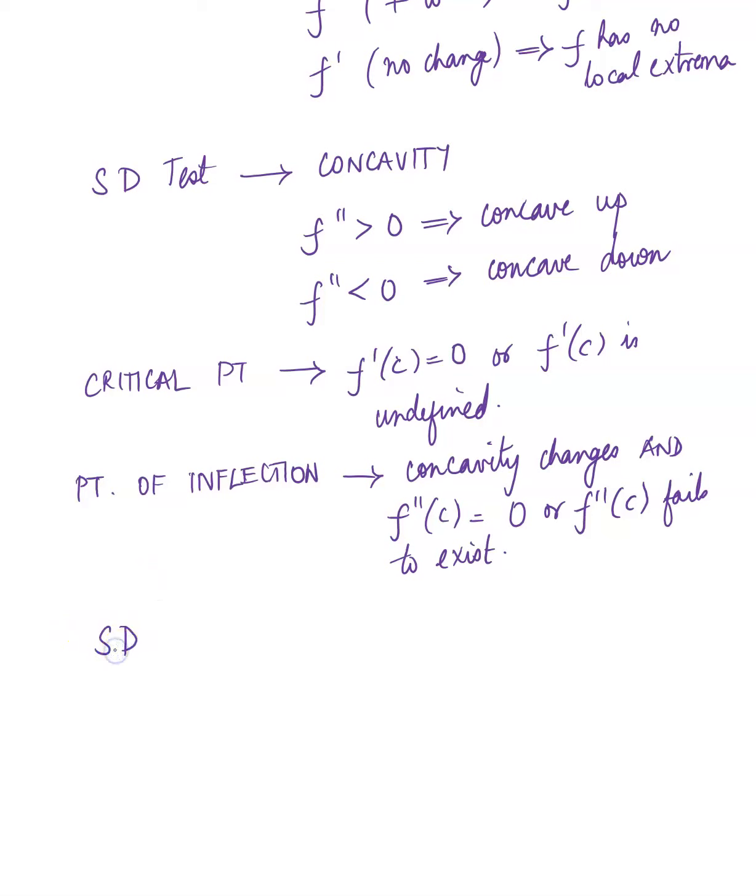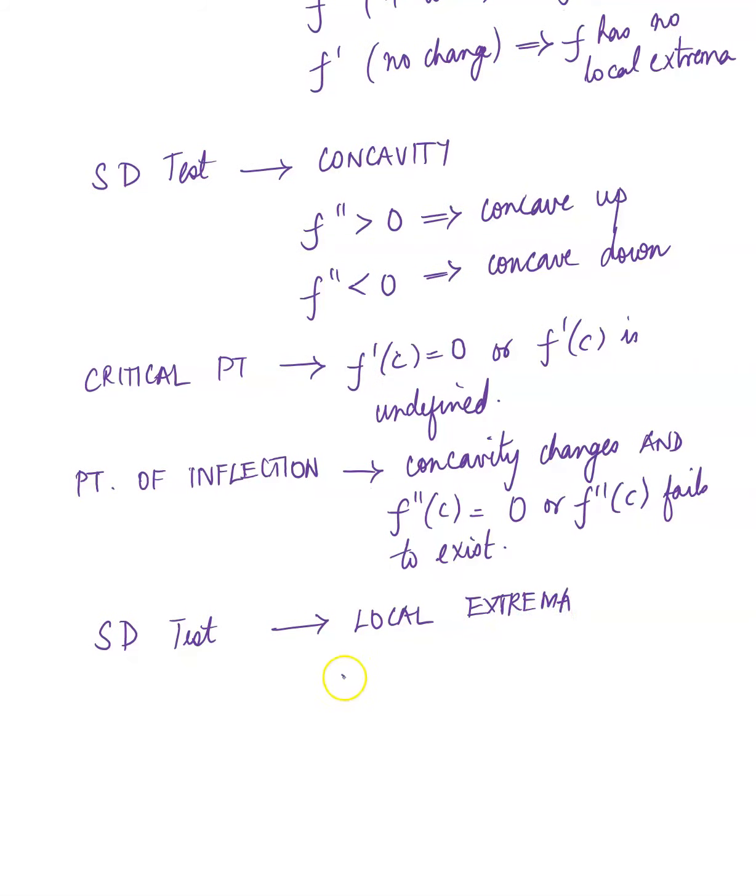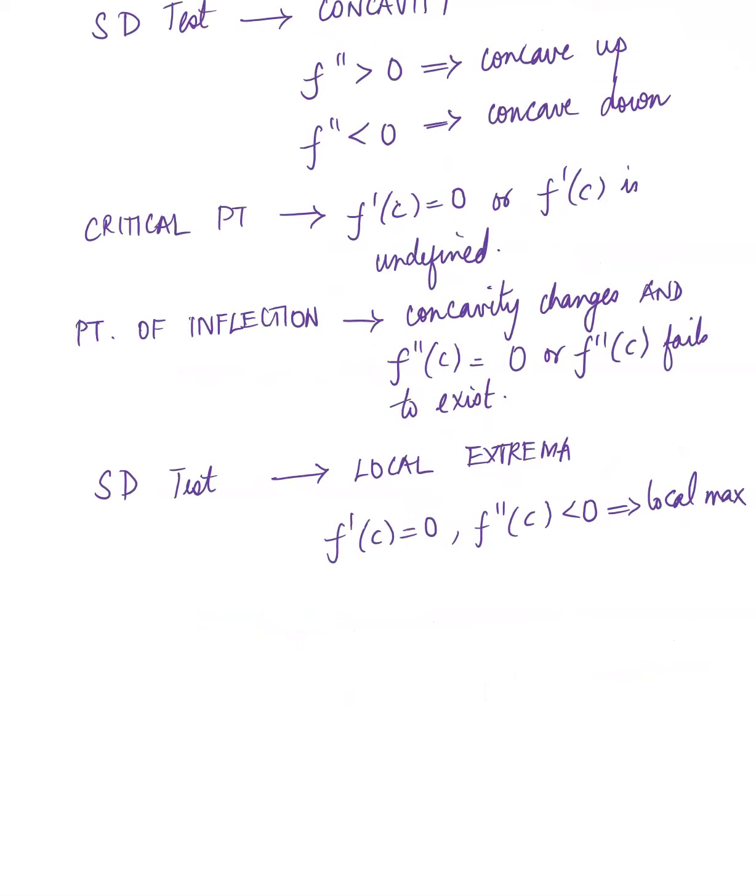Then we have the second derivative test, this time for local extrema, the one that we just saw. This one says f prime of c equals 0 and f double prime of c is negative, it implies a local max. So it's basically combining the first derivative and the second derivative.